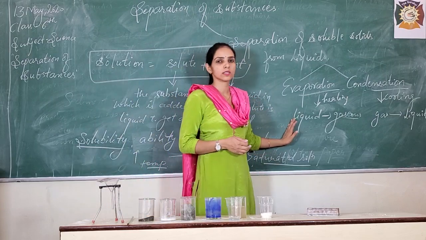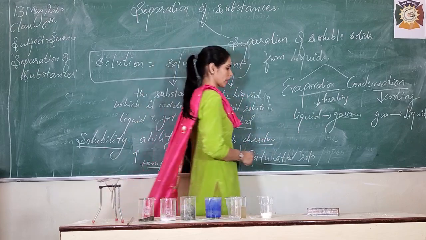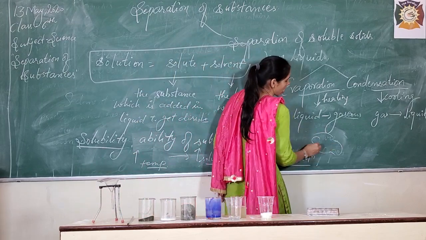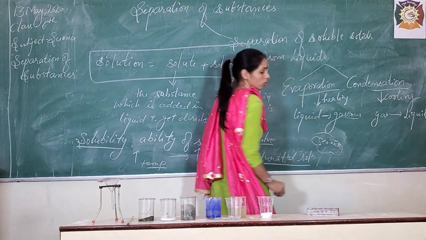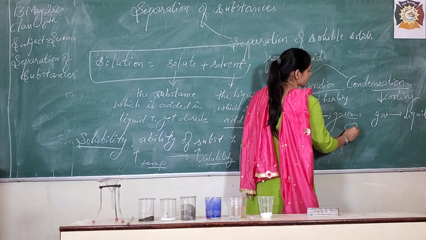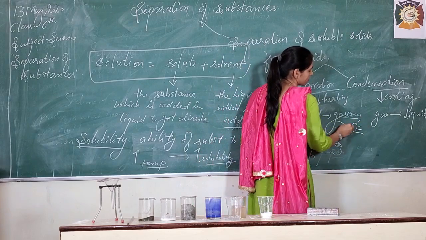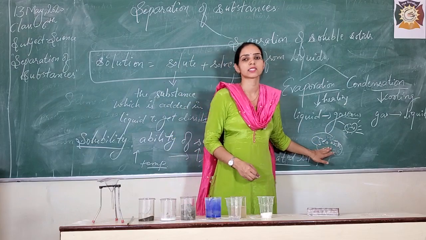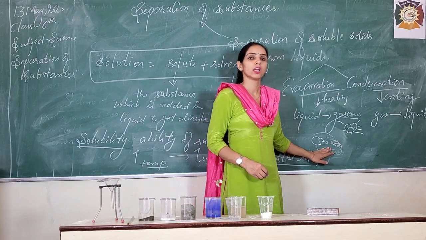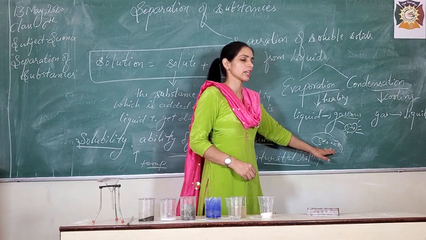Suppose some sea water is there, okay? And in some shallow pits, I have collected sea water, okay? Some sun is there during daytime for heating. This sun changes the sea water into gaseous form, meaning into vapors.